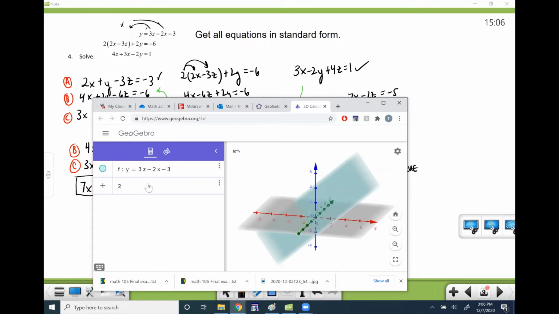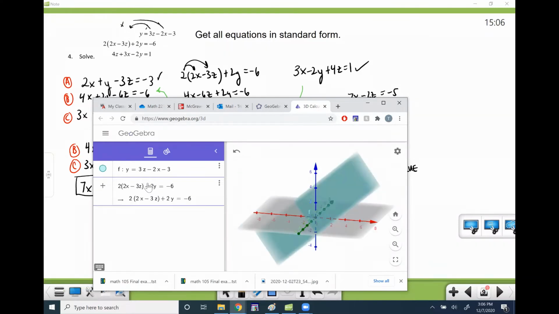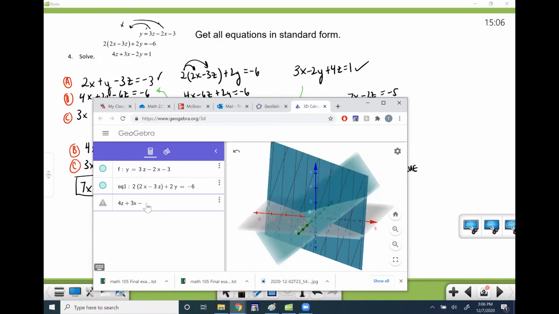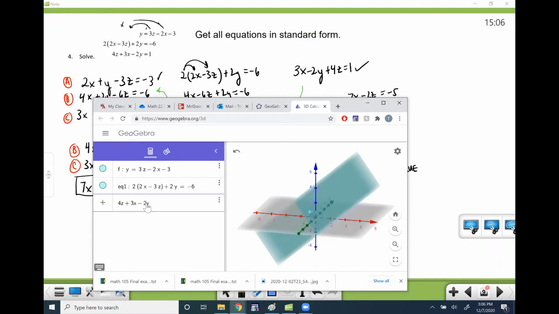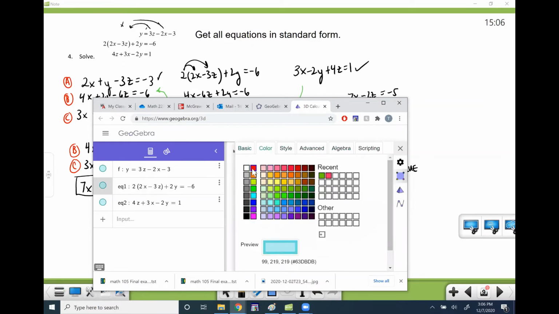Okay. 2 parentheses 2x minus 3z. Okay, let's make these different colors. Red, blue, purple, yes.